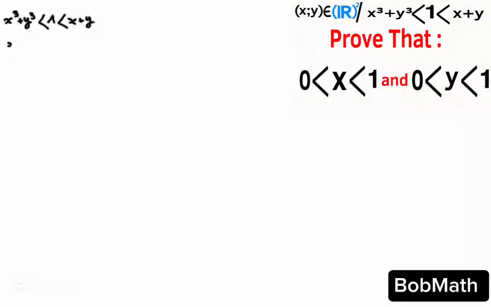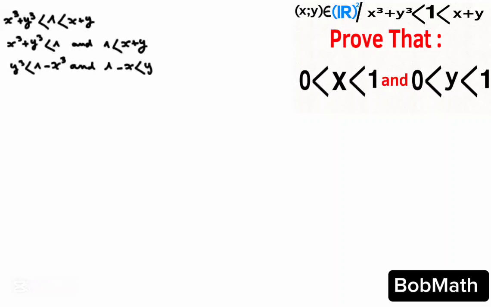Now we have x cubed plus y cubed less than 1 and 1 less than x plus y. So y cubed less than 1 minus x cubed, and 1 minus x less than y. Now we cube both sides of this inequality.